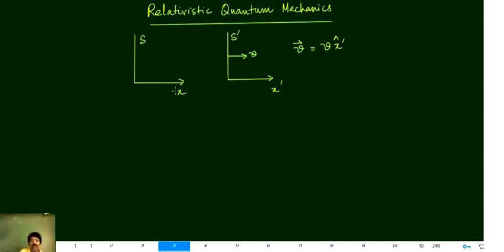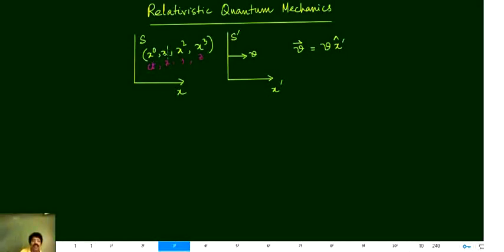The usual notation is, let me write down x0, x1, x2, x3, where x0 is denoted as ct, x1 is x, this is y, and this is z.